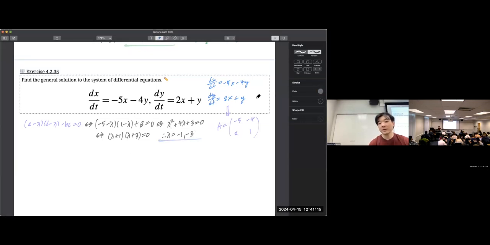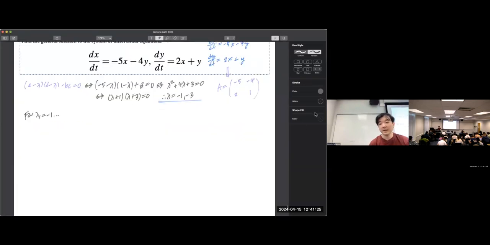And then we do this whole thing. So for one of them, lambda 1 is equal to -1. You're going to say my eigenvector equation is this. And for our current one, our A matrix is 5, -4, 2, 1.